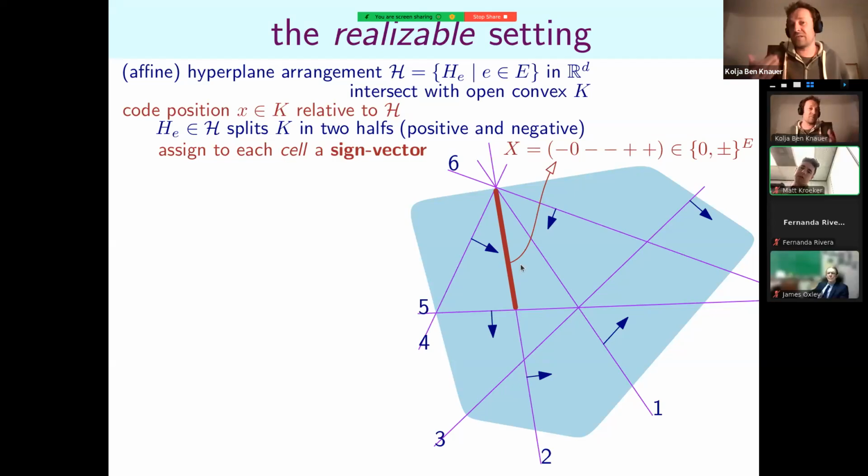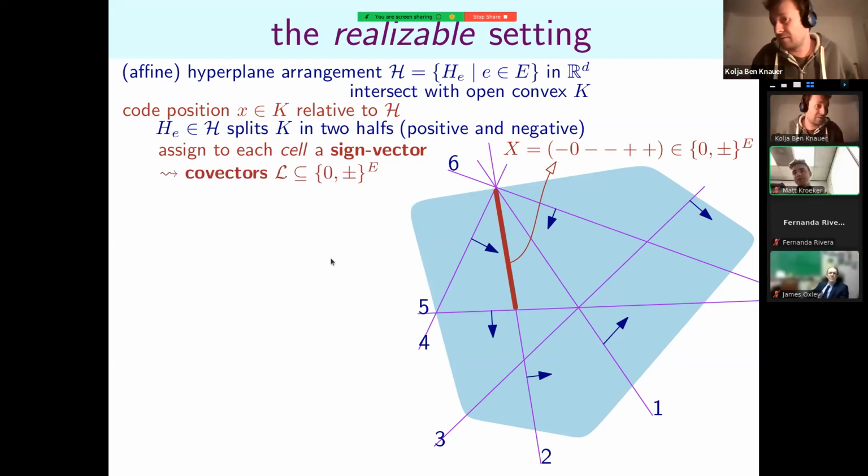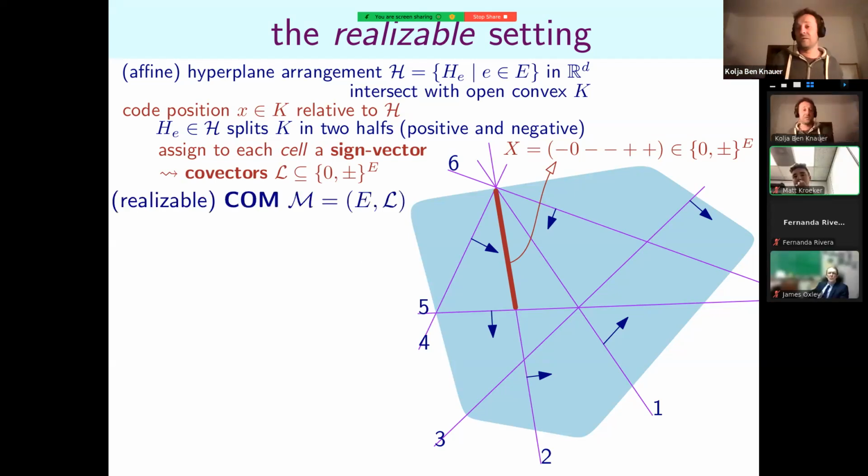So actually, I'm assigning the sign vectors to cells, not to points. And if I do this with all the cells that are inside this convex set, then I get a set of sign vectors, which is called the covectors. And this is the object. This is what is called a realizable complex of oriented matrices.